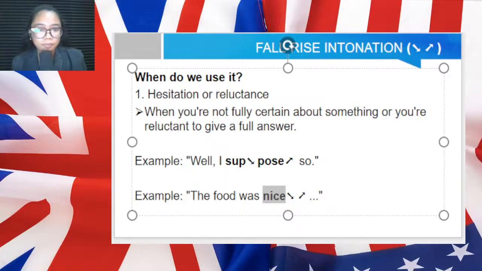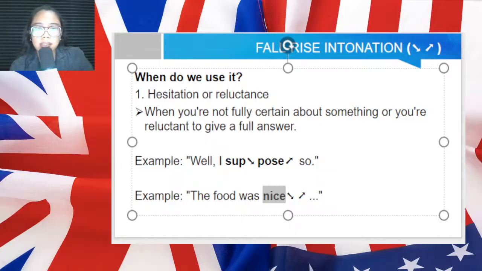Okay. So that is for the food was nice. Now here also, everyone, this specific application of fall-rise intonation shows really clearly the speaker's reluctance to give a fully enthusiastic and unqualified endorsement.